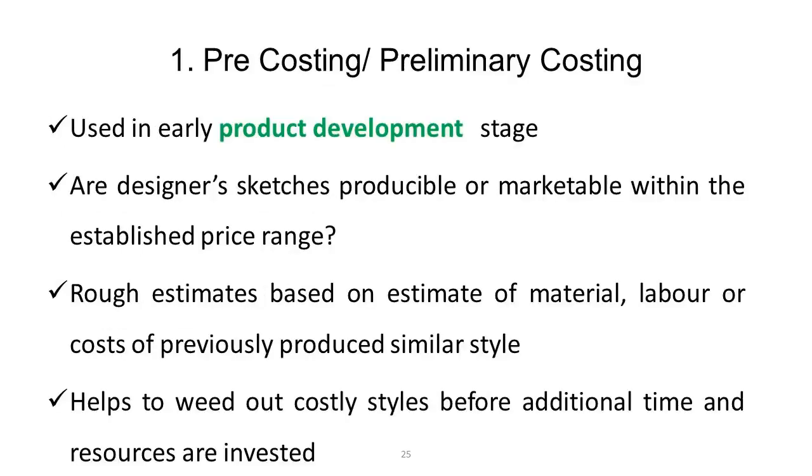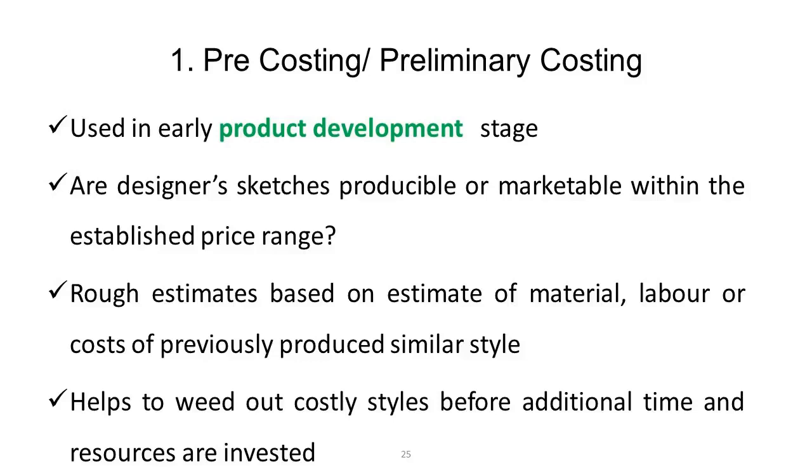Now, this is used in the early product development stage where the order is not clear, you haven't got the order, and the designers are still sending you sketches, and you are trying to figure out and then doing the costing. So, are the designer sketches producible or marketable within the established price range? This is the stage where the brand has sent you the sketches and asks you to give them the prices.